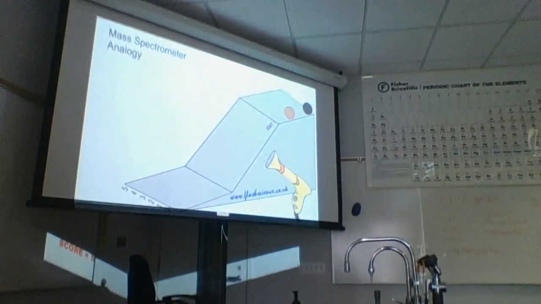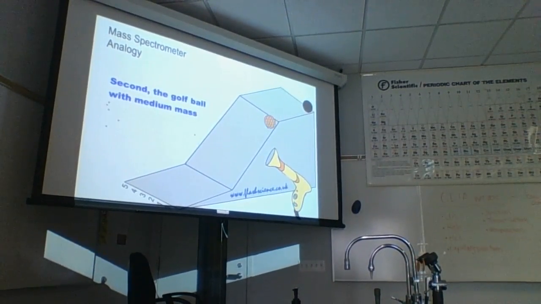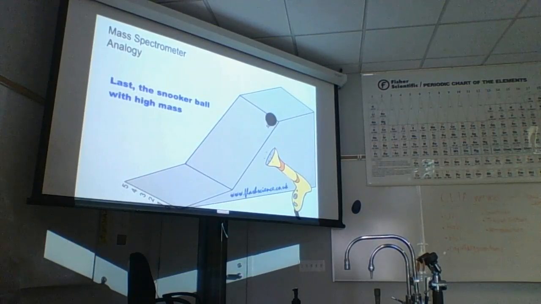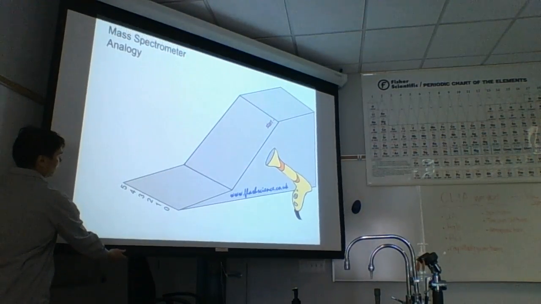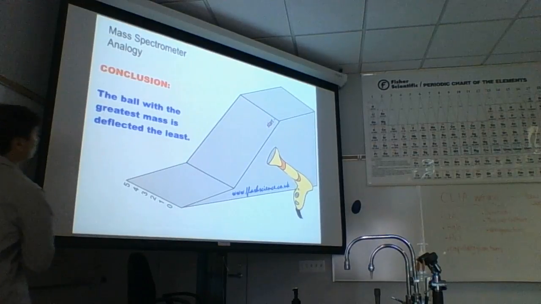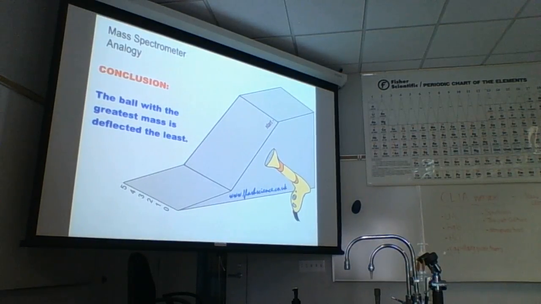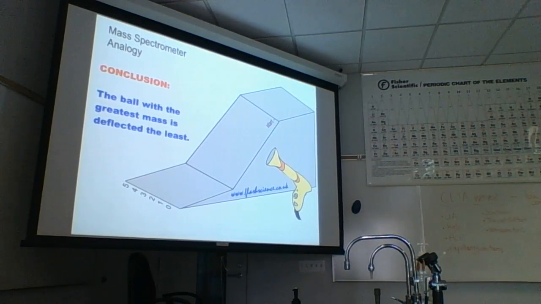Look at the deflection of each ball. 5 for the lightest, the table tennis ball, 3 for the golf ball. And what about the heaviest? The snooker ball has the least deflection, scored just 1. Conclusion then is the ball with the greatest mass is deflected the least.